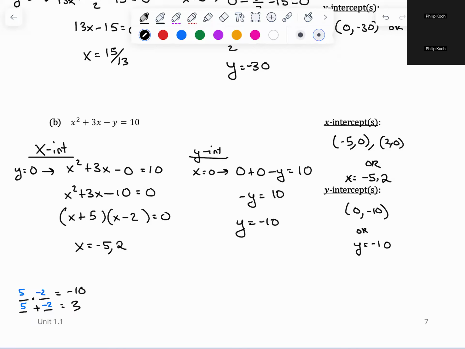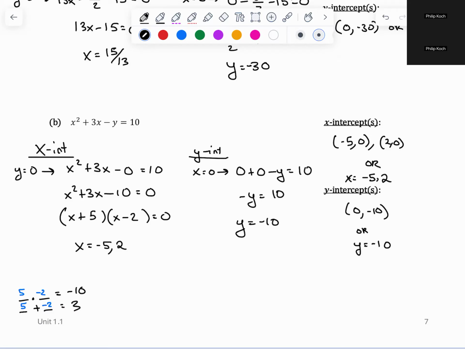So x-intercept. Whenever you're finding an intercept, you're always setting the opposite variable equal to 0 and solving for your desired intercept. So with an x-intercept, you're setting the opposite variable, y, equal to 0. Because when you're on an x-intercept, your y-coordinate will be 0. You just know that, so you can plug it in and solve what the x value will be. So we get x squared plus 3x minus 0. So you can just immediately ignore it if you'd like, and get x squared plus 3x equals 10.